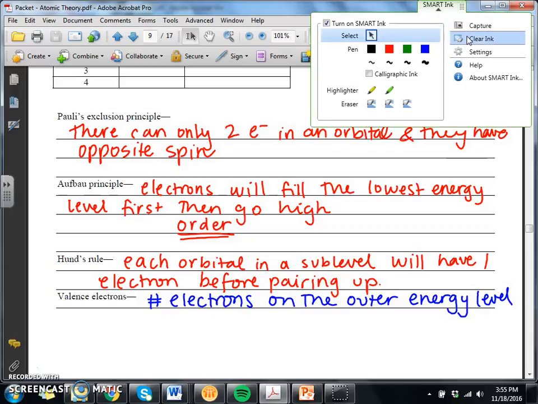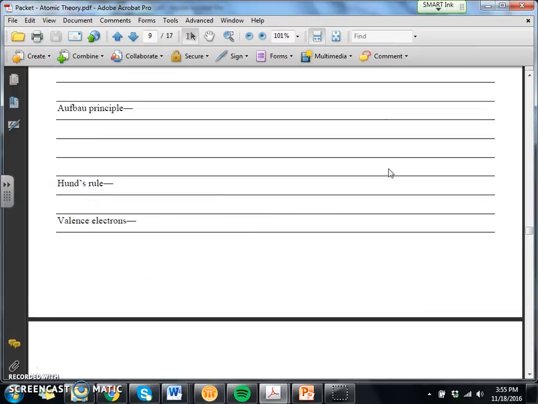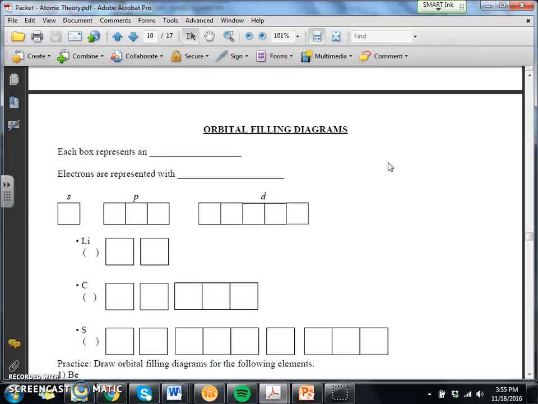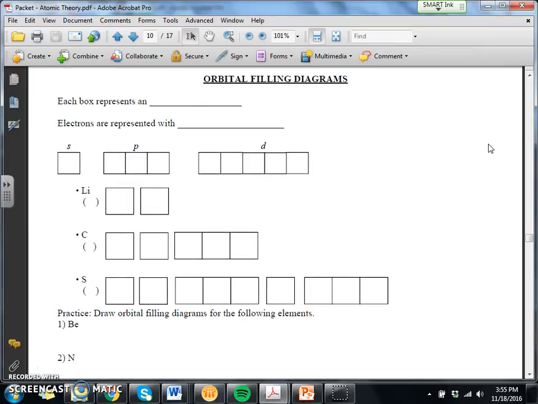Now, in order to see these rules put into play, we need to talk about orbital filling diagrams. This is just a way that we represent an orbital diagram, or the way an electron fills up its atom. So each box represents an orbital, and electrons are represented with arrows.